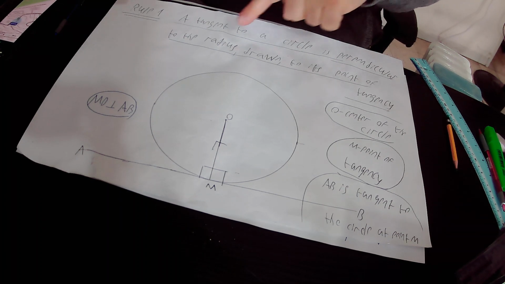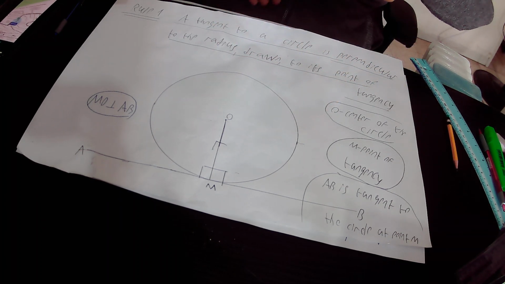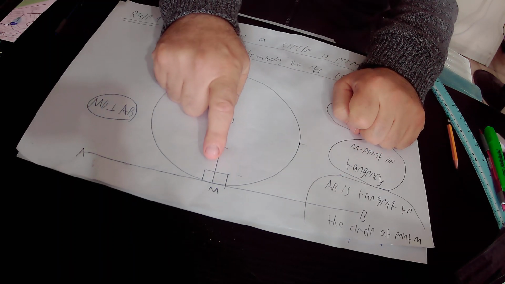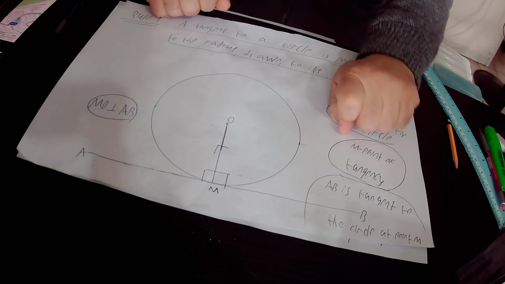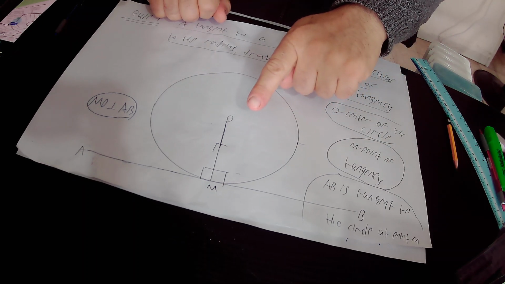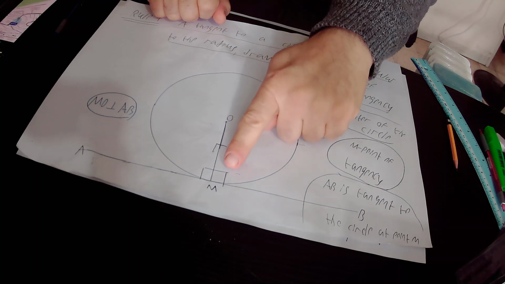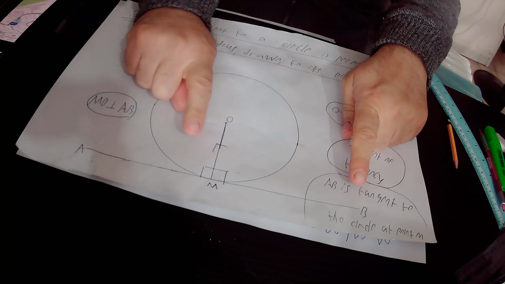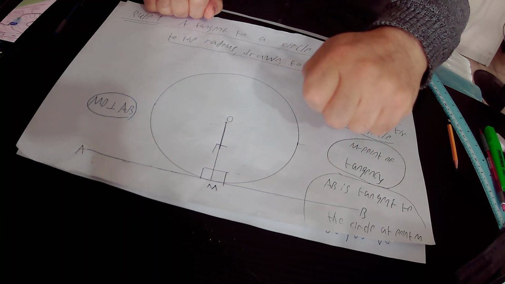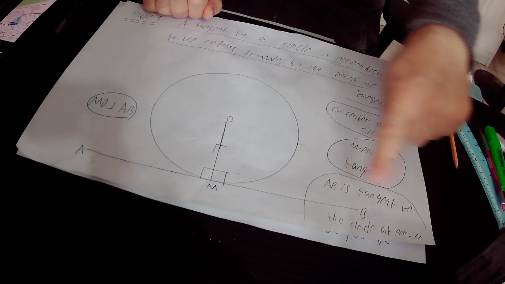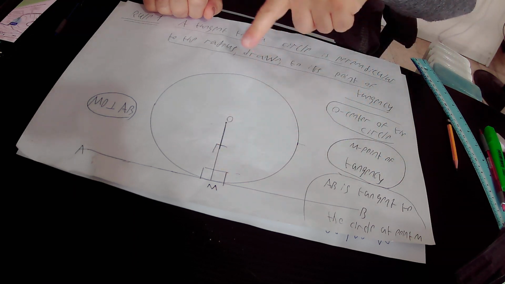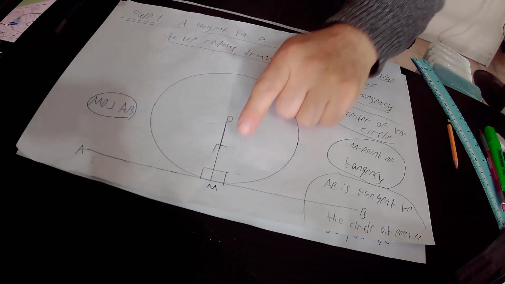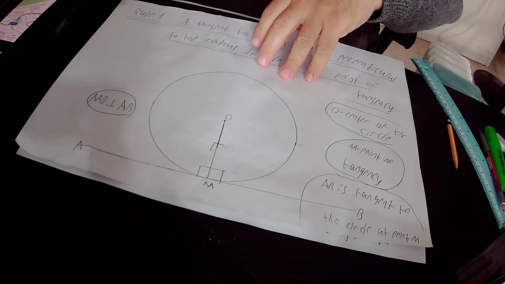So we have in the drawing a circle, and tangent AB that is tangent to this circle here at point M. And we have the radius OM that is equal to R. The radius OM is drawn to point M, the point of tangency of tangent AB with this circle. Whenever you have a radius drawn to the point of tangency, then tangent AB will be perpendicular to the radius MO. If AB is perpendicular to MO, it means that this angle equals 90 degrees, and this angle also equals 90 degrees, according to rule 1.